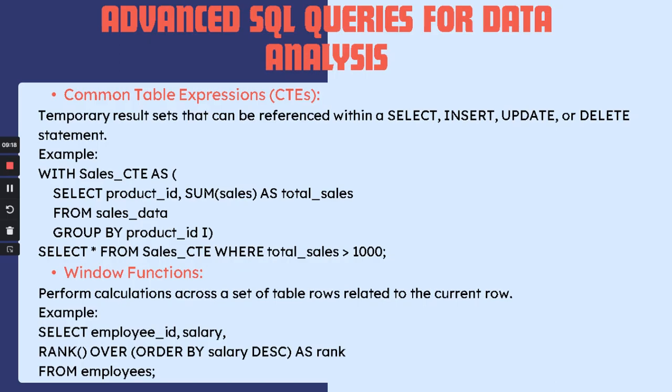For example, a query might use a CTE to calculate the total sales for each product by grouping the sales data, then filter for products with sales greater than a specified threshold. This approach improves readability and avoids repetitive code by isolating specific calculations into a named temporary table.